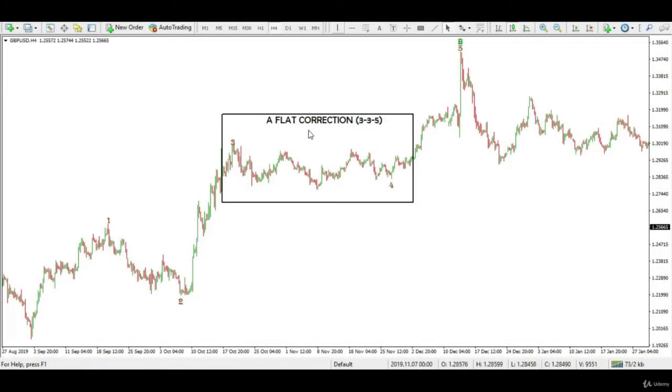In the first example, we are studying a flat correction on the 4-hour chart of pound dollar. This flat correction is part of wave 4 of the 5 wave sequence as you see here.